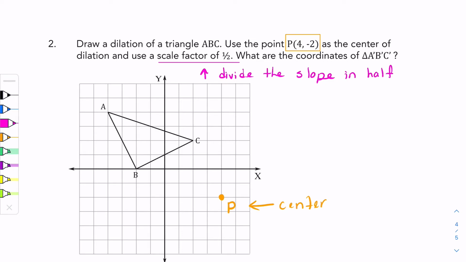We're going to start with point A. We're going to draw a line straight through that. I'm going to count the slope. Let's count what the slope is from P to A. The slope is typically rise over run. For this one, we're going to be rising up 1, 2, 3, 4, 5, 6 units, and we're going to be running 1, 2, 3, 4, 5, 6, 7, 8 units.